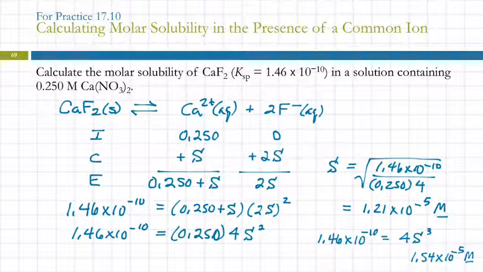So if you remember, which I don't blame you at all if you don't, the rules of solubility up at the top: nitrate compounds are soluble, no exceptions. So calcium nitrate is very soluble in water, and so we can assume that it dissociates completely here. This is not a saturated solution. And so there are 0.250 moles per liter of calcium ions and 2 times 0.250 moles per liter of nitrate ions.